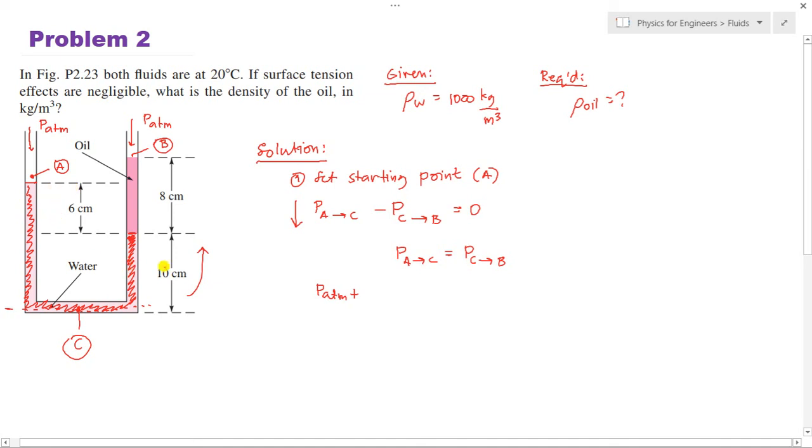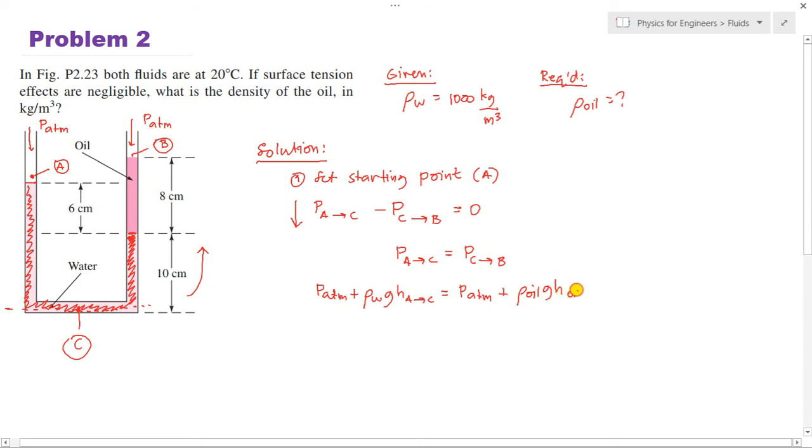Kani 6 plus 10, so that is density sa water times the gravity times the height of the water from A to C. Ato na i-label is equal to, how about the pressure here from B to C, that is naa siya atmospheric, so P atmospheric then plus the pressure ani nga oil, kay kani kaduha nga fluid kay oil naman siya, that is the density of the oil multiplied by g times the height of the oil, di ba?